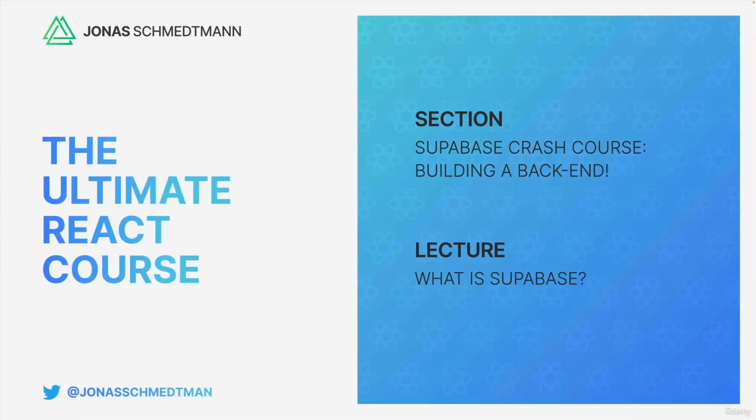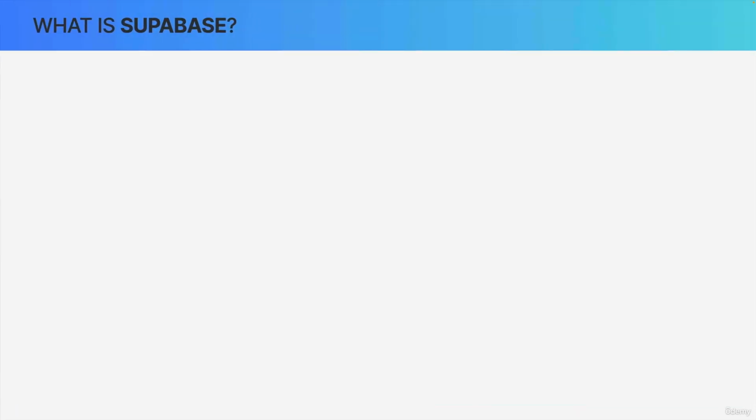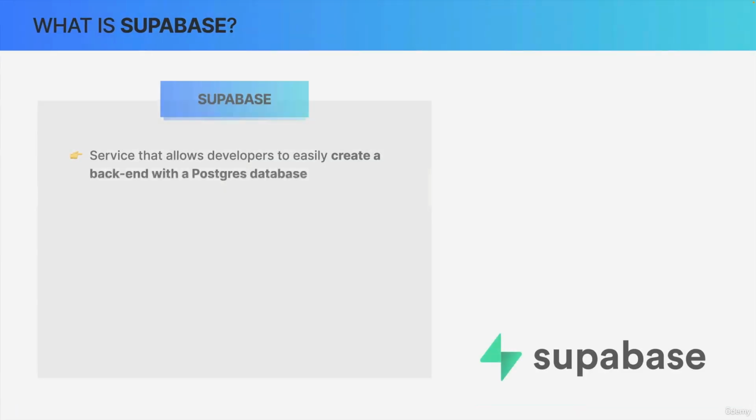Let's start by quickly getting to know Supabase a bit. So Supabase is a service that allows developers to easily and quickly create a backend with a complete Postgres database. But to us developers, it doesn't even matter what kind of database it is, because we will only interface with it through an API.